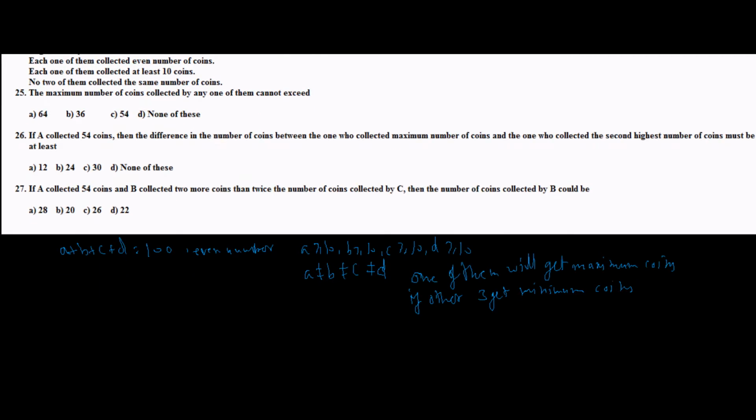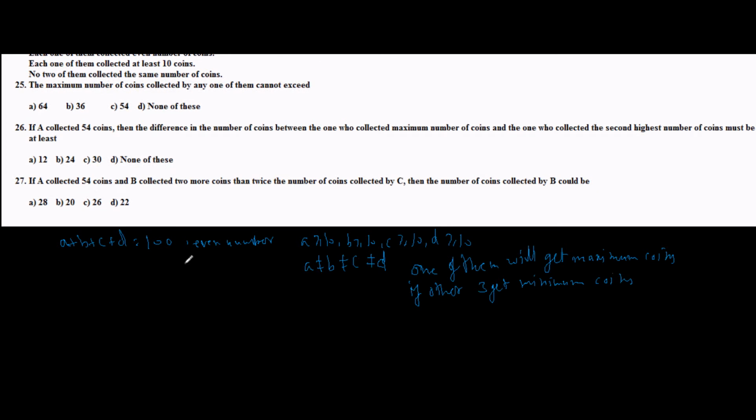Now for the other three to get the minimum number of coins, the other three should get at least 10 each.